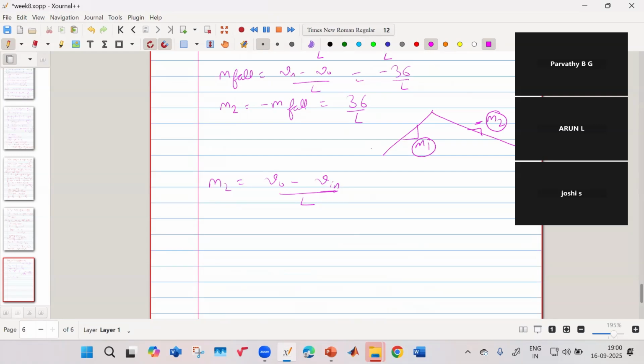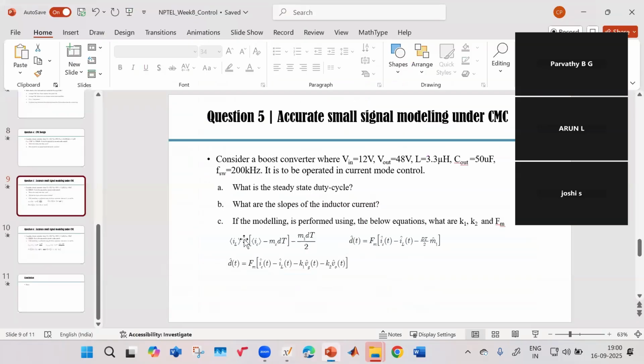So now, what you have to do now? What's the question? When we just did this derivation, I think by now you should know the derivation very well. You have seen Sir do it, you have seen Teja do it, you have seen me do it. So your d perturb t is Fm into Ic perturb t minus Il perturb t minus dt upon 2 into M1 perturb.